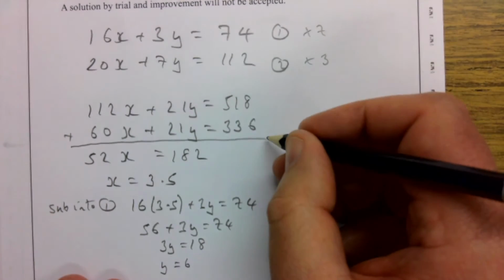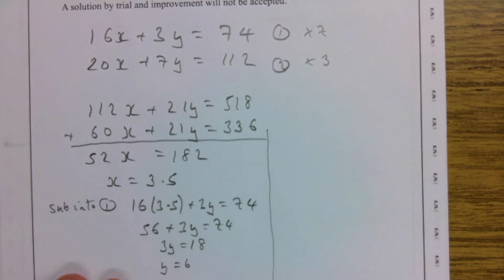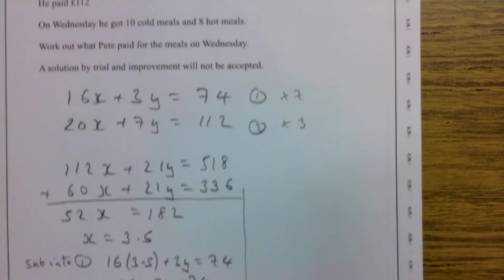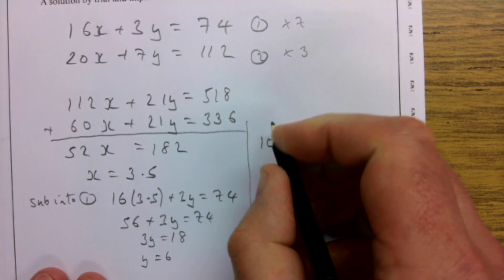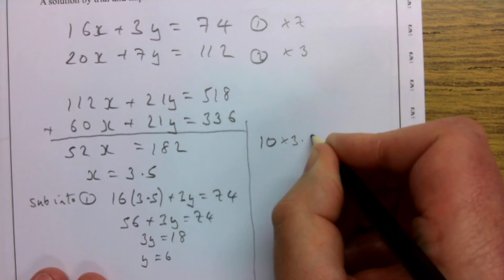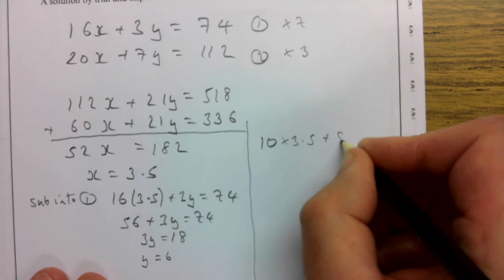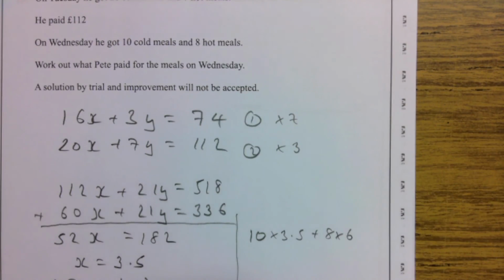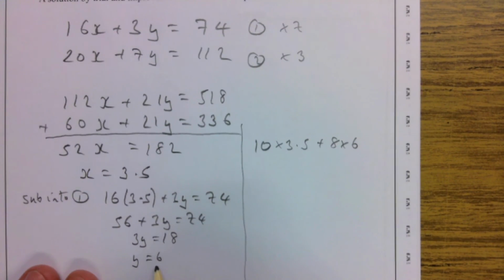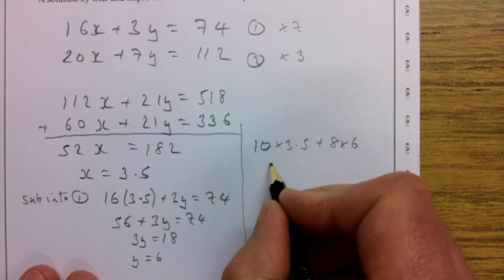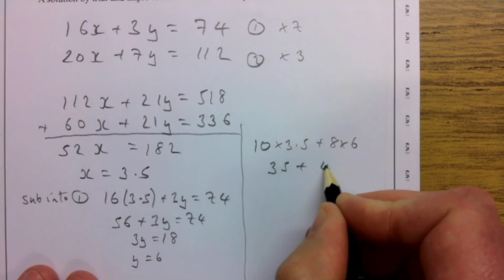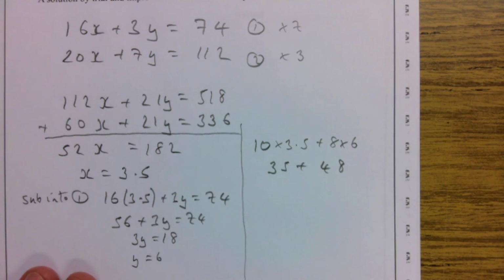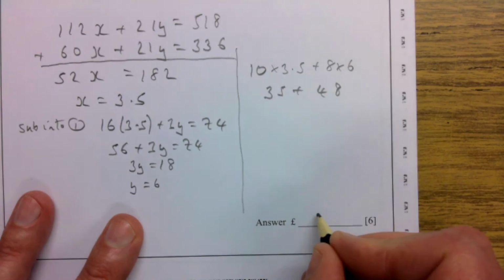So then for Wednesday, 10 cold, so that's going to be 10 times 3.5 plus 8 times 6, because it's 8 hot meals and we knew the hot meals cost 6. 10 times 3.5 is obviously 35 plus 48, and 35 plus 48 gives us 83.